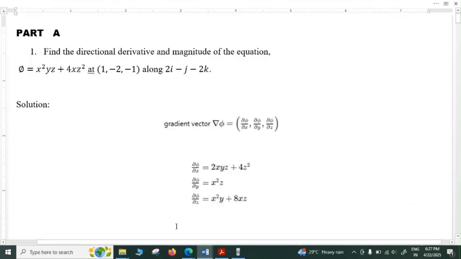First question: find the directional derivative and magnitude of the function psi is equal to x square yz plus 4x z square at the point (1, -2, -1) along 2i minus j minus 2k.